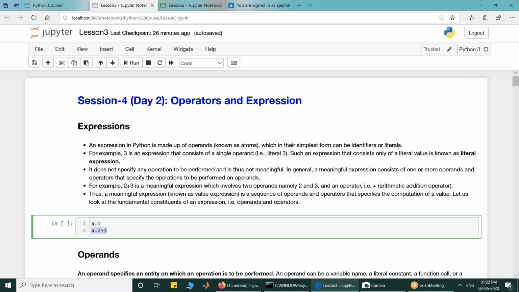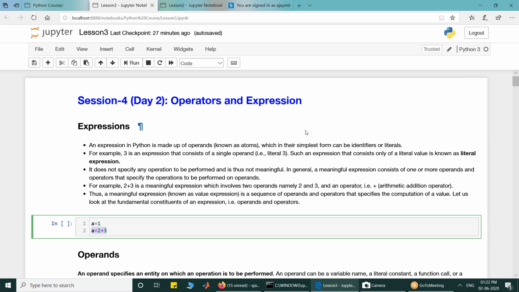That's why you will not be able to use a is equal to 2 plus 3 as an expression in if or for, as you have done in C. This is a very important difference that you must note down. a is equal to 2 plus 3 is a statement, and 2 plus 3 is an expression which consists of two operands, 2 and 3, and one operator, the addition operator.